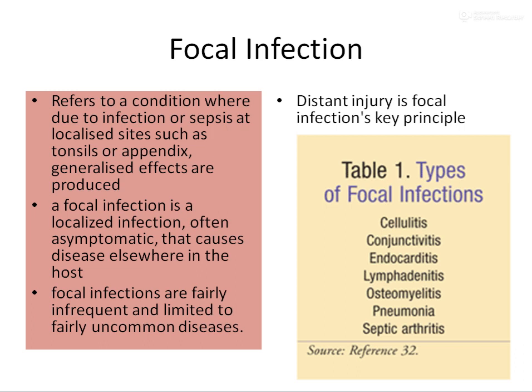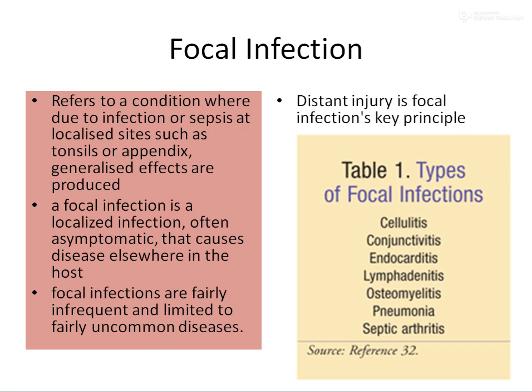Now I'll give you one example. Sometimes you might have an infection in your teeth, but as a result of that, you might get a generalized weakness. Sometimes you might get a headache or body pain or something like that. So though the causative agent is located at a particular region, you get a generalized ill effect. That is a case of a focal infection.